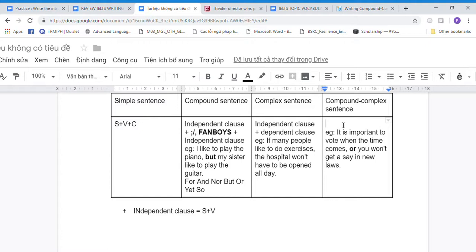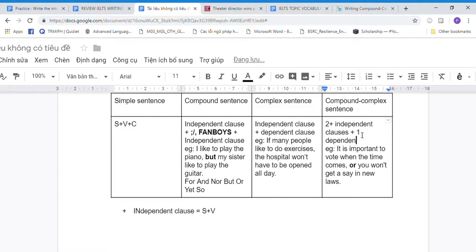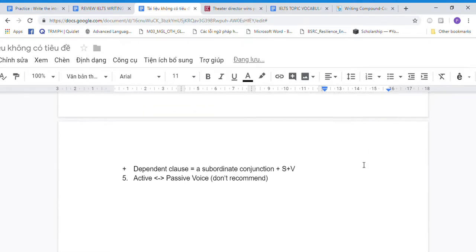So a compound complex sentence has at least two or more independent clauses, and it comes with mostly just one dependent clause. It's really easy.